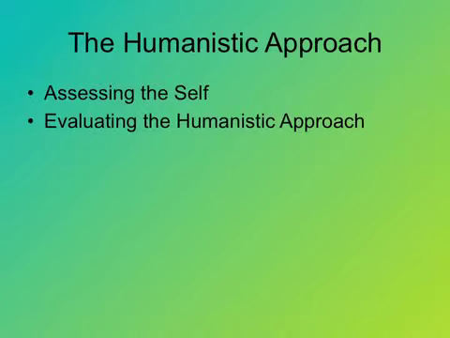This is a great approach in that it gives a lot of control and power back to the individual, which is somewhat refreshing. Remember that this is coming out of that cognitive revolution of the 60s. Well, obviously Maslow's writing prior to that time, but it really catches on in the field of psychology then. And this is great, right? That I'm not just a product of my environment, as Skinner says, right?